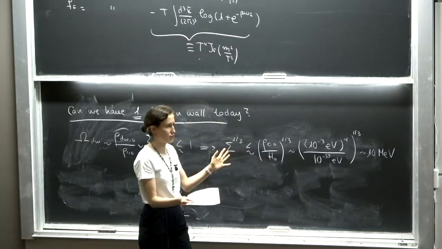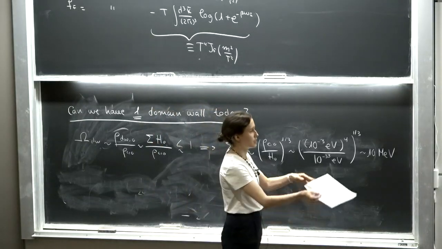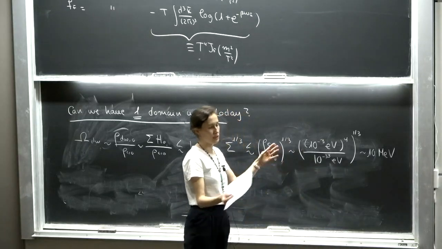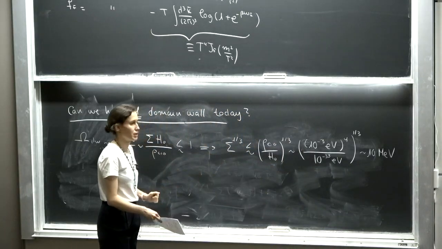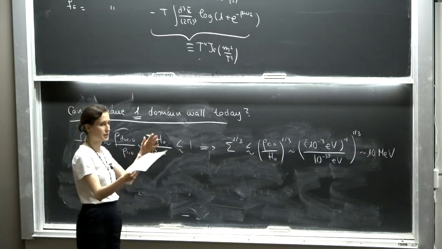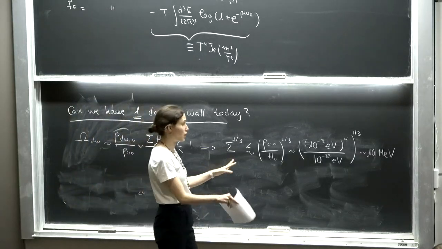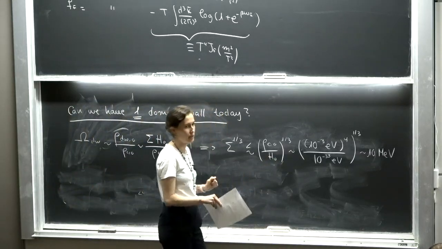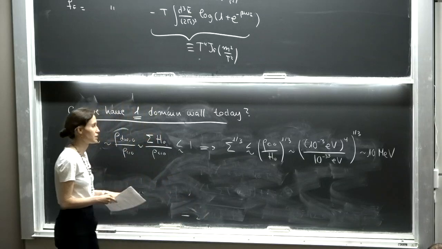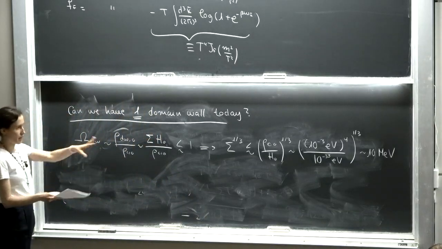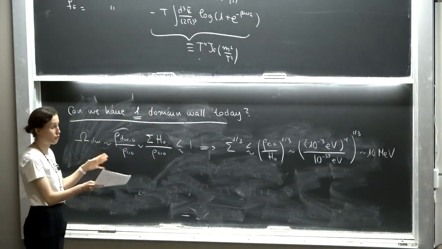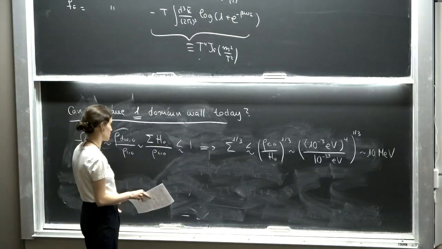So any exotic situations like broken parity domain walls that appear at a TeV scale, or anything that is happening exotically at much higher temperatures, there is no way anything like that can remain in our universe today, okay? If anything like that kind of network of walls ever formed, it must have disappeared by now.